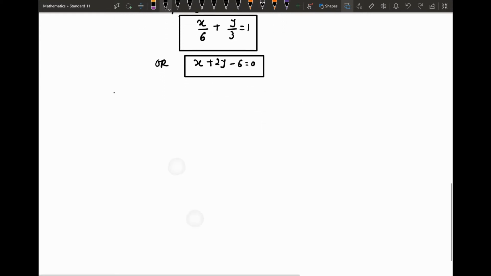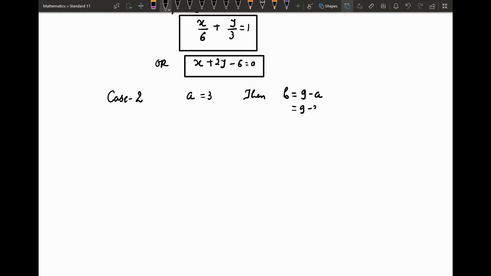Now case 2, a equal to 3, then b equal to 9 minus a.